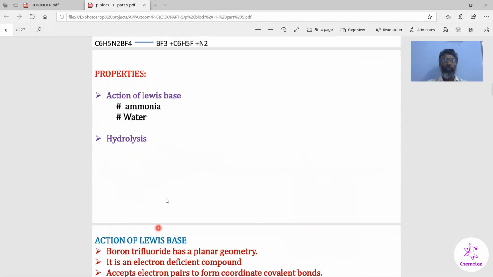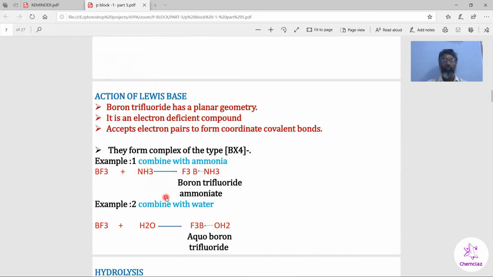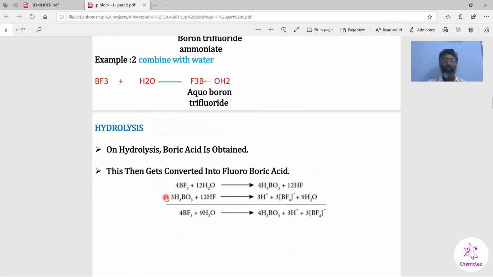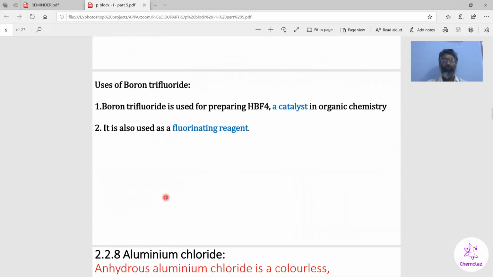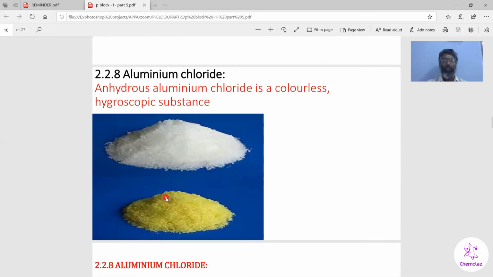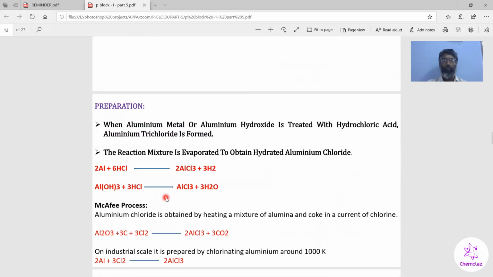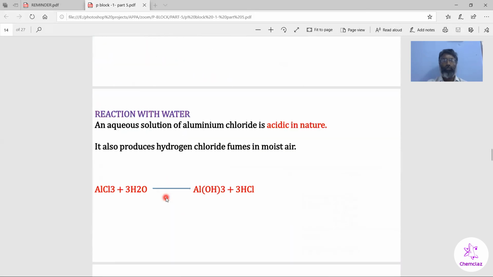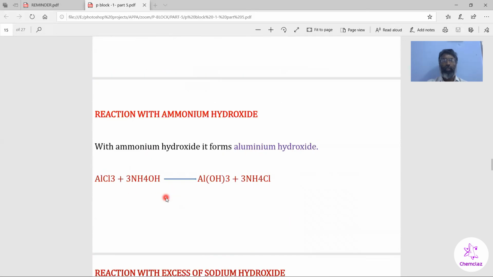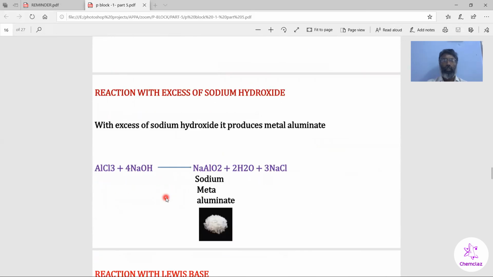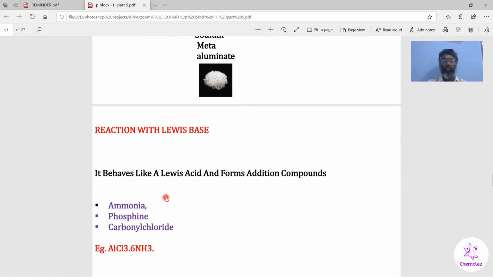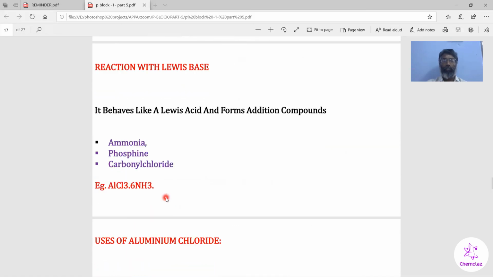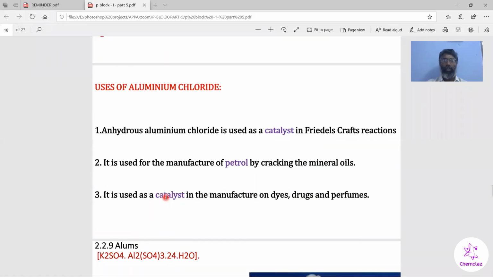Preparation, properties of boron trifluoride, action of Lewis base, hydrolysis, use of boron trifluoride. Aluminum chloride: preparation, properties, reaction with water, reaction with ammonium hydroxide, reaction with sodium hydroxide, excess of sodium hydroxide, reaction with the Lewis base, then use of aluminum chloride.